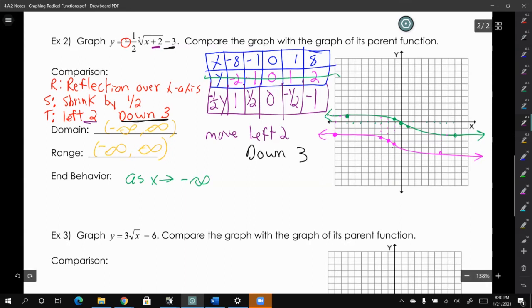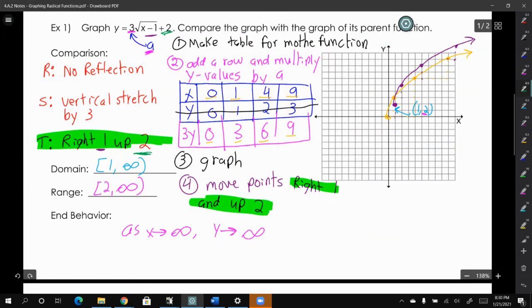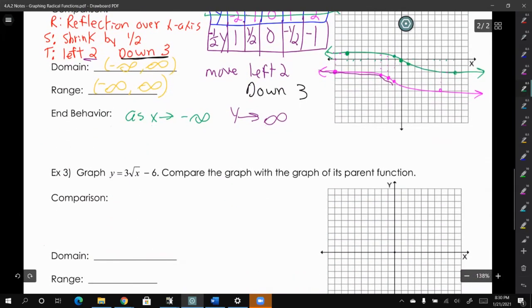But if we take our pencil and start moving to the left, look at the y values are going up very, very slowly. So y is going towards +infinity. And as x approaches +infinity, y is approaching negative infinity. So that is your end behavior.